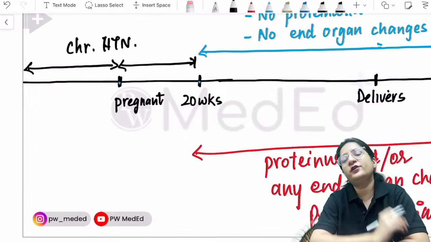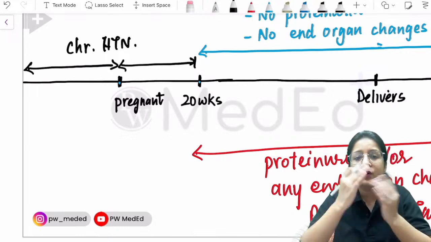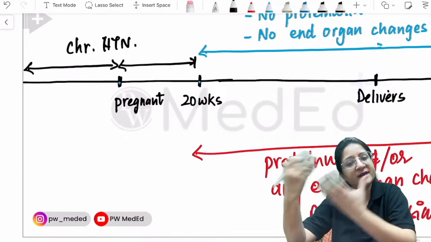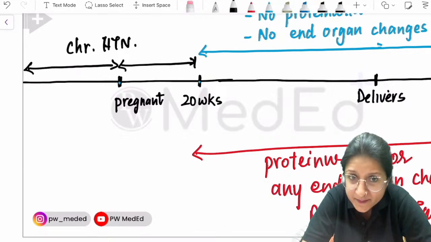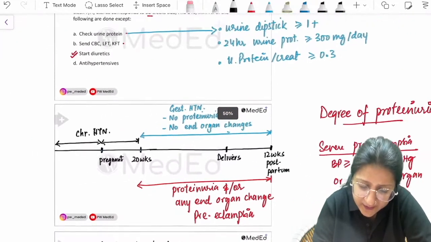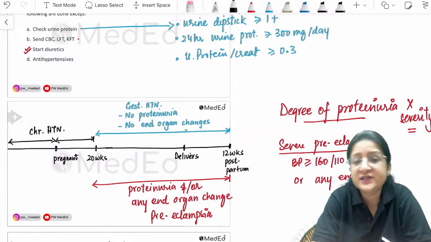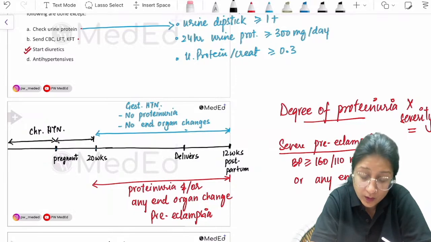Even then we will check for urine protein. Even then we will check for end organ changes, right? Because chronic hypertensive patients can further develop preeclampsia. So the management does not change. Whenever you see high BP in pregnancy, you have to check for urine protein and check for end organ changes. Very, very important point to note.